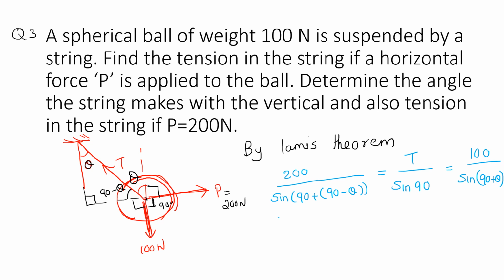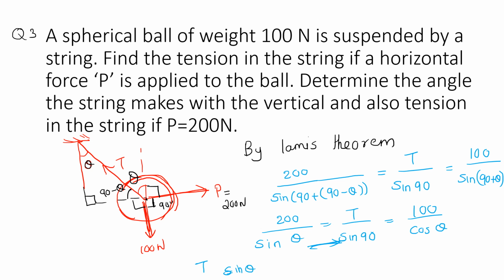Sine 180 minus theta is sine theta, so T by sine 90, the value of sine 90 is 1, then 100 over sine 90 plus theta, which is cos theta. So from this we can calculate the T value. T sine theta is equal to 200, first equation. And T cos theta is equal to 100, second equation. Solving 1 and 2, we can get the value of theta and tension.